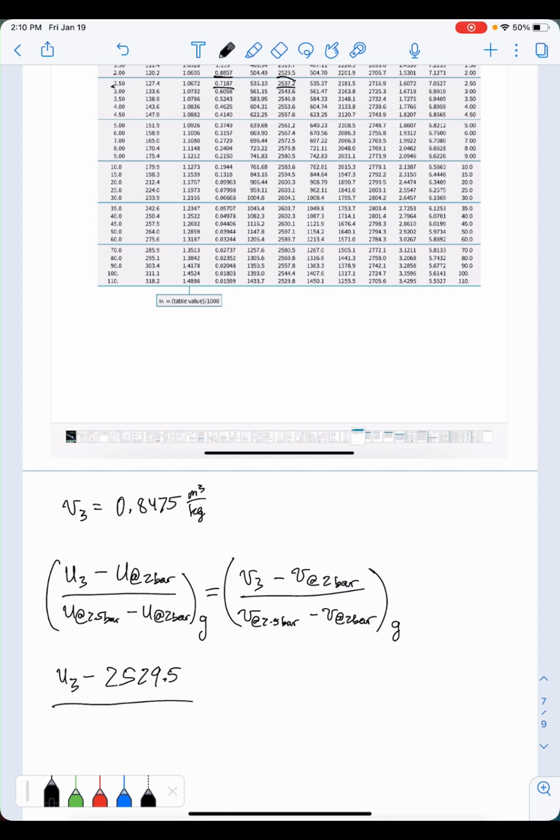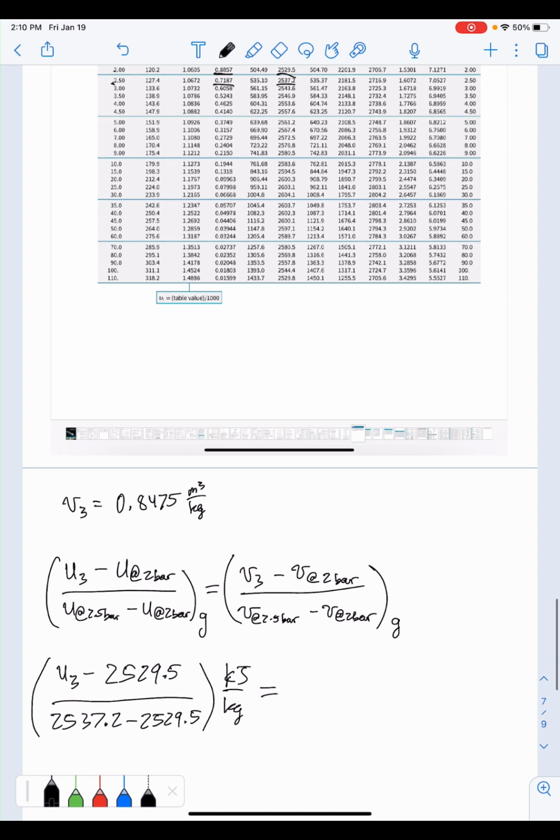And for 2.5, I see this value. It's all in kilojoules per kilogram. Current specific volume. Okay. Specific volume before that at the 2 bar mark. Look at the one in front, the one behind again.